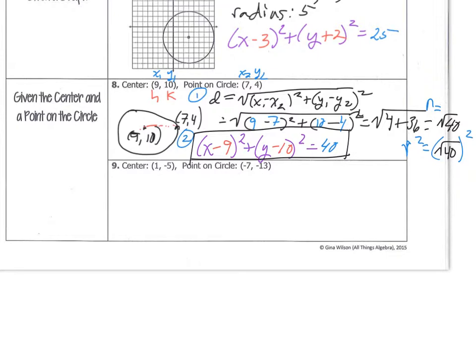So you do number 9 by yourself. So number 9 is identical to number 8.